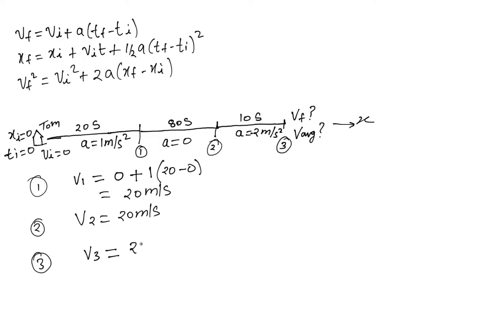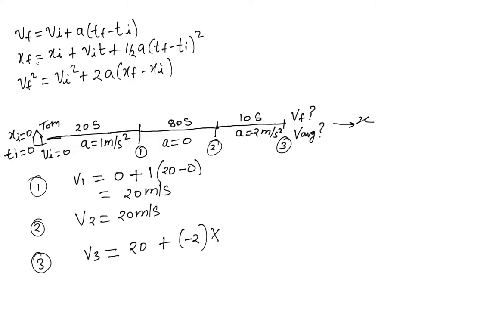So it's going to be 20 plus, what is acceleration? It's -2. And how long did he travel? Well, he traveled for 10 seconds, so this time minus this time, which is this particular thing. Don't get confused with these variables. They are just indicative of the final velocity and initial velocity and final time and initial time for a certain section.